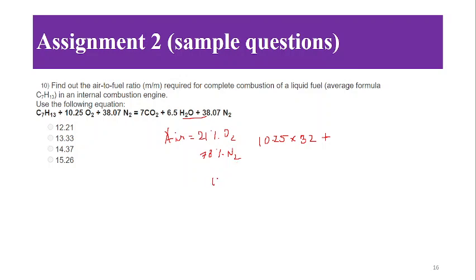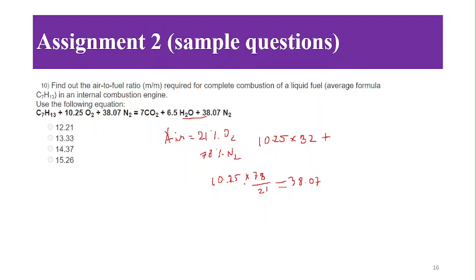So we take 10.25 into 78 by 21, and we get 38.07. So this is the correct answer here. This 38.07 came from this relation, 10.25 into 78 by 21.